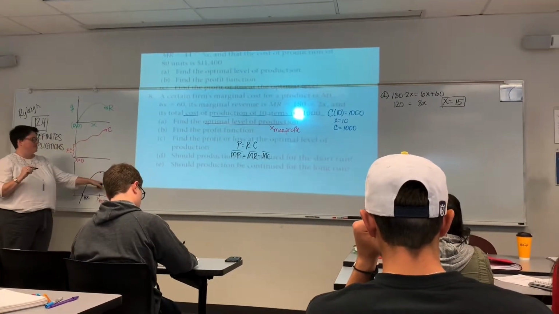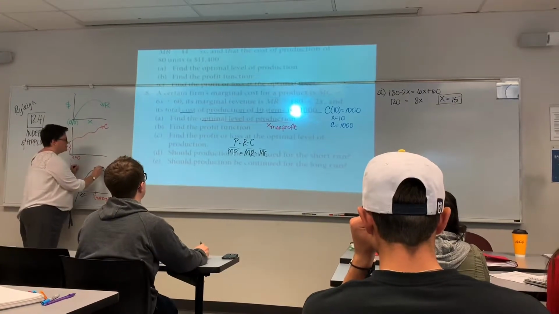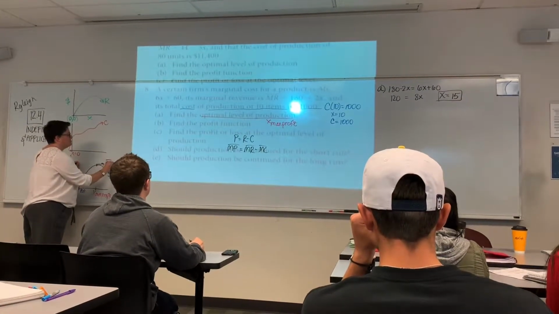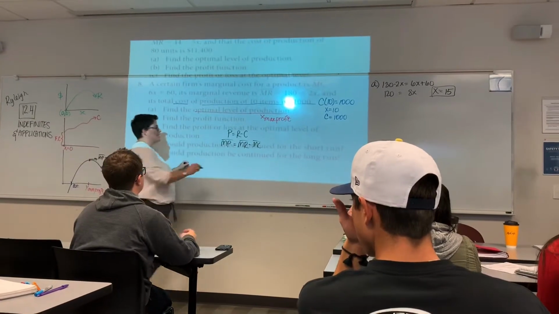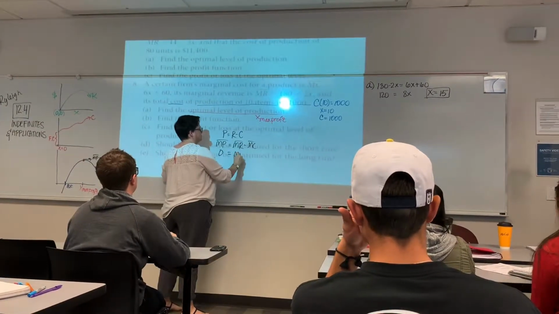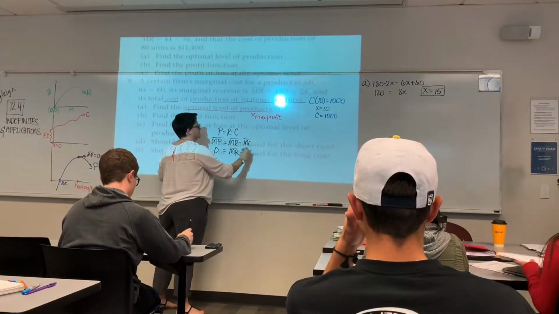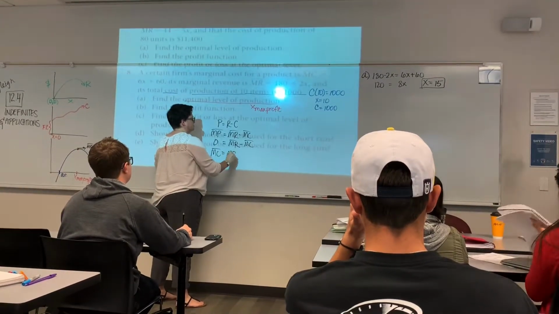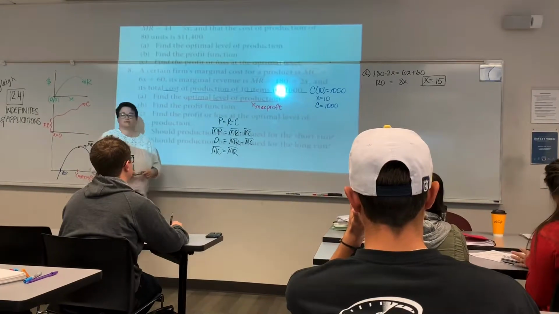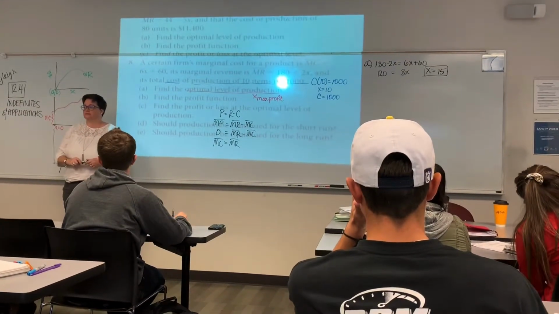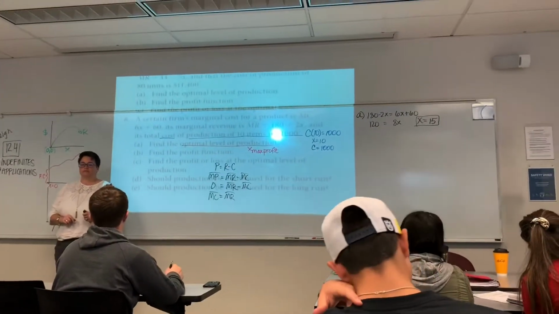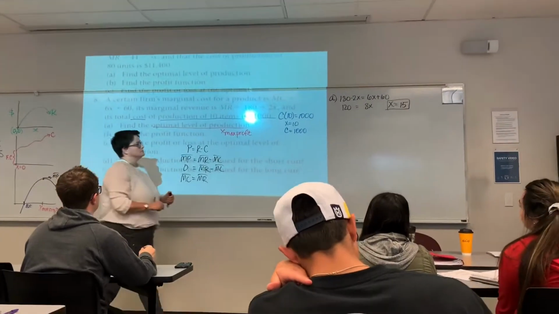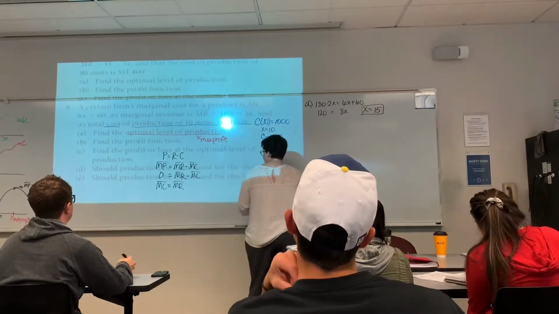We set the derivative of profit equal to 0, right? Because this is where marginal profit equals 0. So I'm gonna do that, and then I'm gonna bring marginal cost over. Do you see it now? Okay. That's all I did.